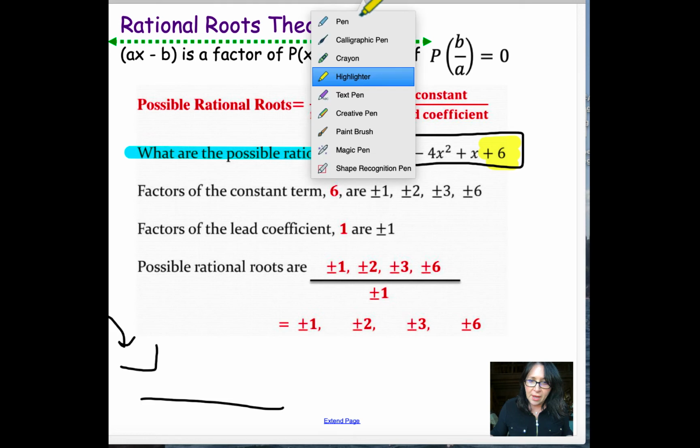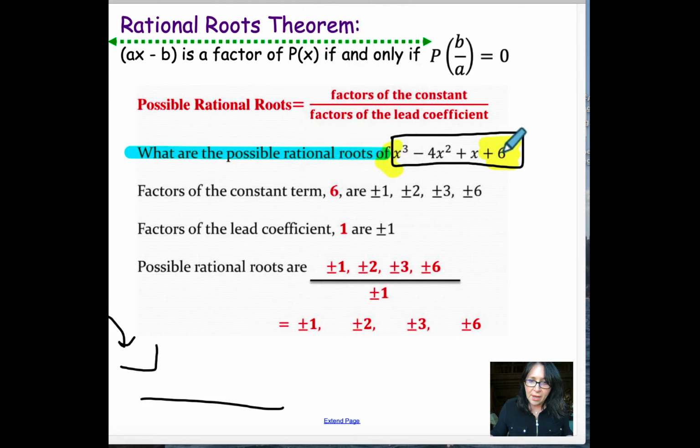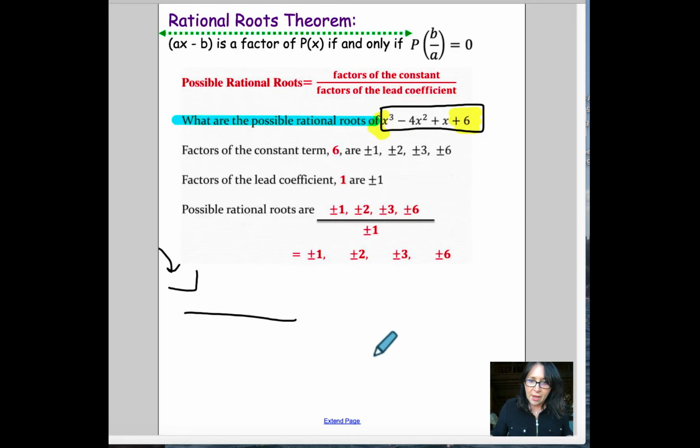And so my factors of 6 are plus or minus 1, plus or minus 2, plus or minus 3, and plus or minus 6. The factors of the coefficient, the lead, it's only the lead coefficient, right? The one in the front, are just plus or minus 1. And so all of the possible values that I would be plugging in to see if any of these are roots would be a combination of these divided.